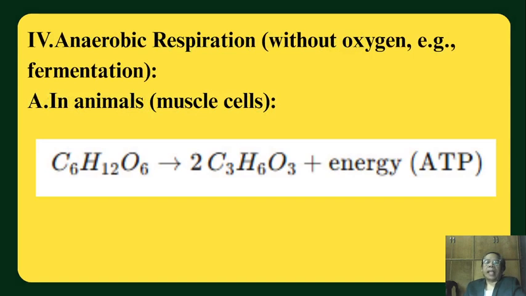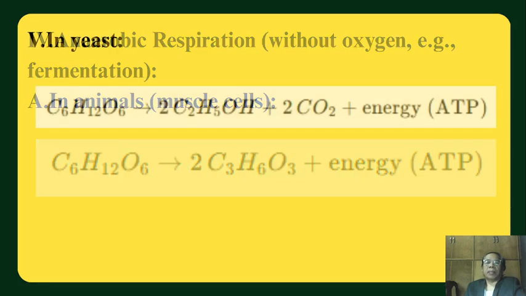And then anaerobic respiration, without oxygen, for example, fermentation. In animals, it happens in the muscle cells: glucose produces 2 moles of C3H6O3 and energy in the form of ATP.